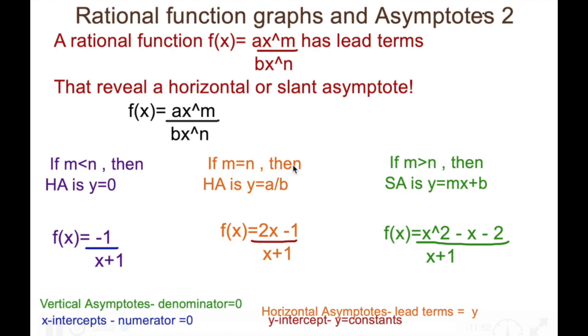This is part 2 of rational functions, or hyperbolas, and their asymptotes: horizontal, vertical, and slant.